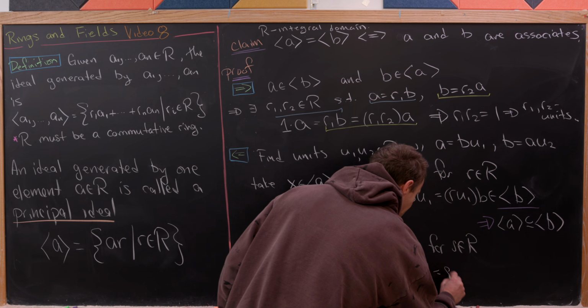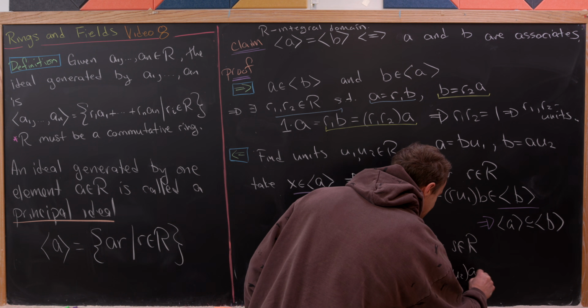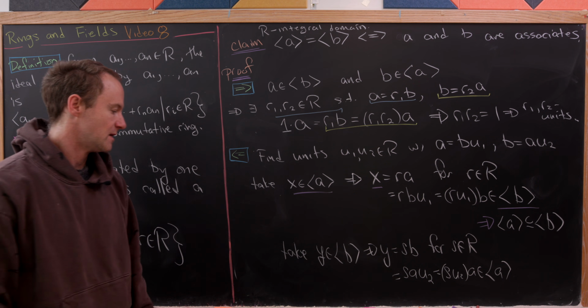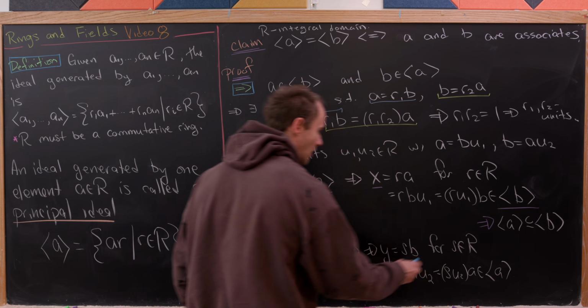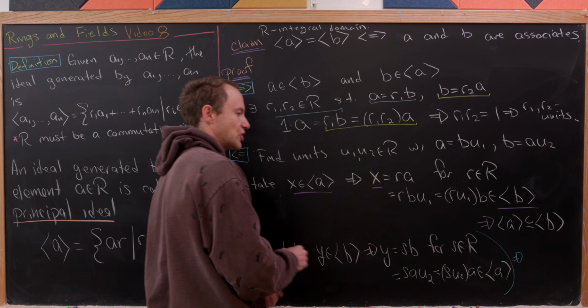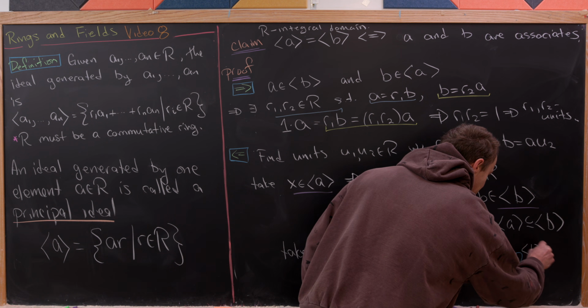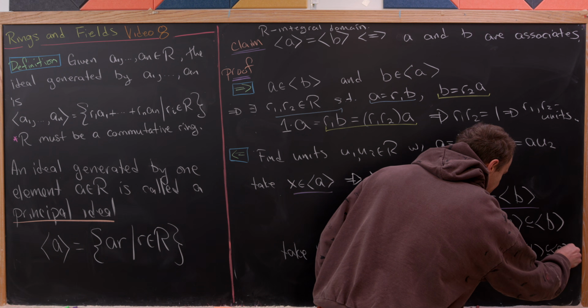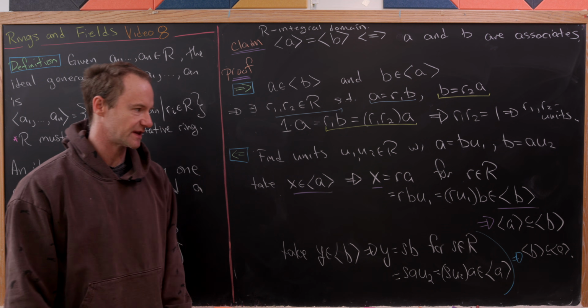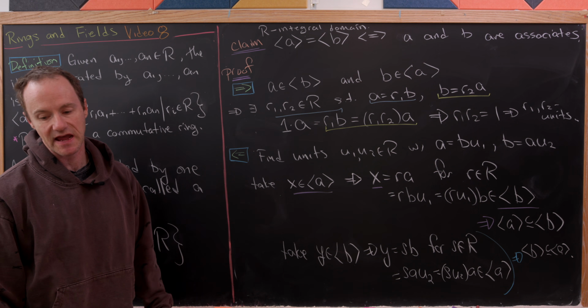But then I can rewrite that as s times u2 times a, which is an element of the ideal generated by A. But now the same argument that we just used, where A and B are replaced, will now show us that the ideal generated by B is a sub-ideal of the ideal generated by A. But of course, if we've got those two subset relationships, that means that these are the same.